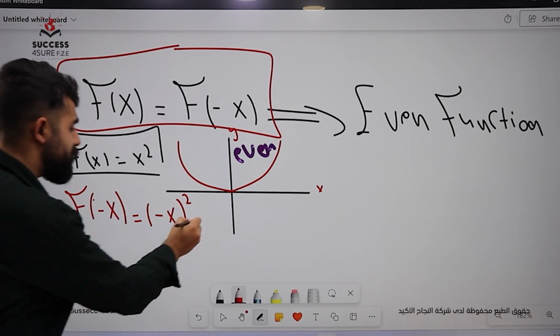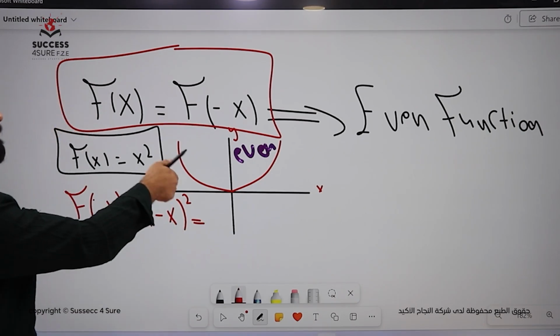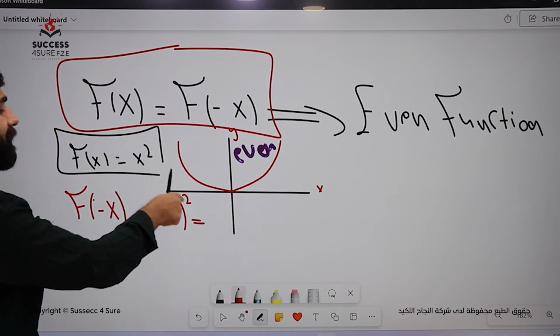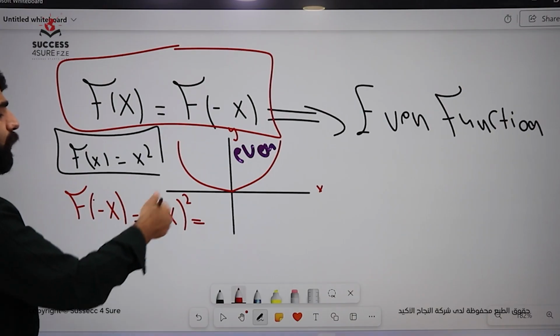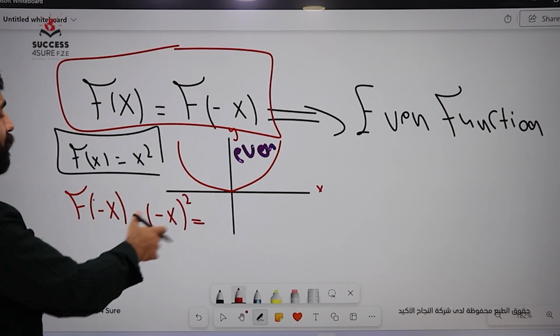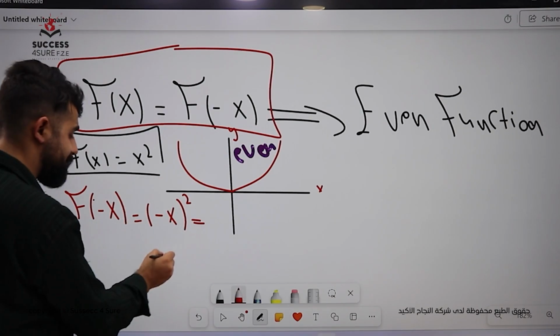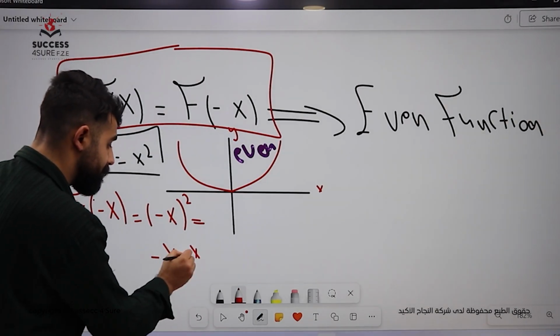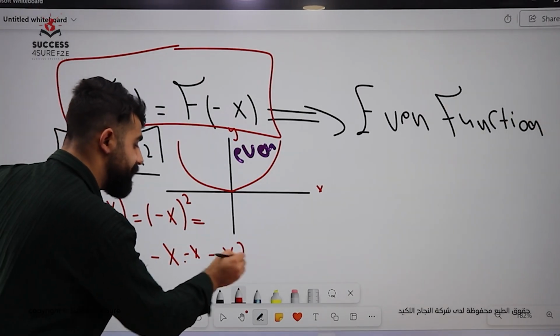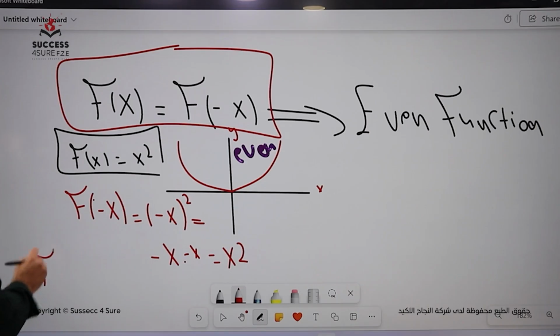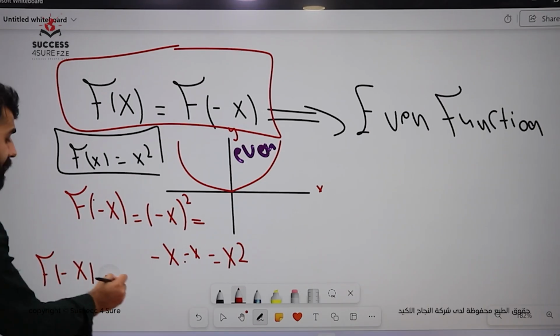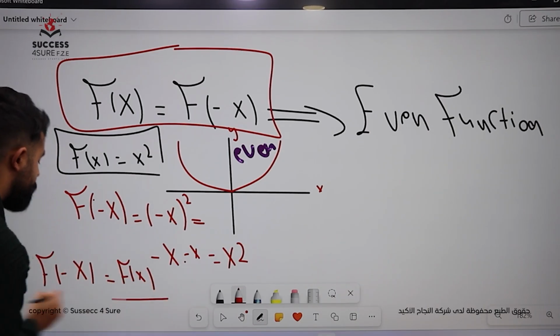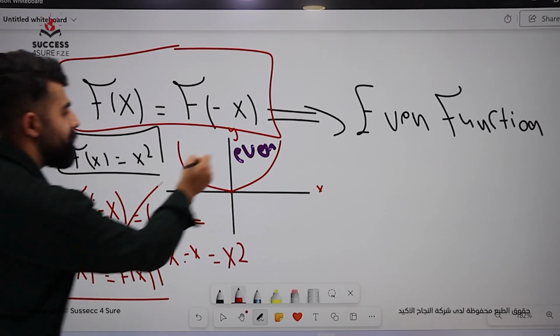Because the exponent is an even number, the negative sign will eliminate itself. I mean, what is negative x times negative x? That gives you x squared again. So f of minus x equals f of x. So you are dealing with an even function also.